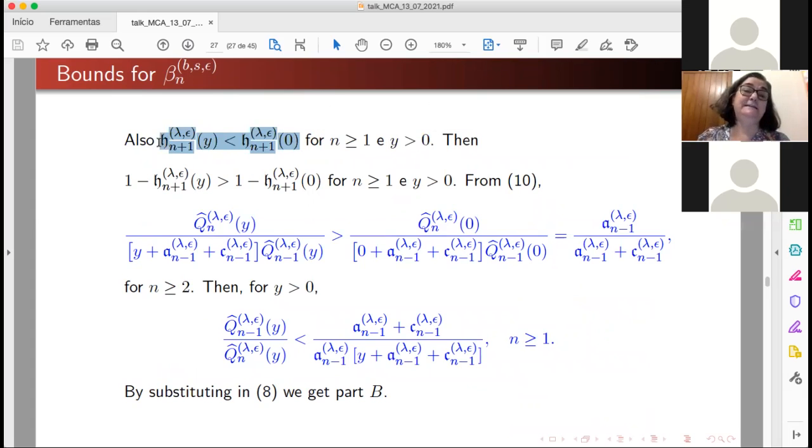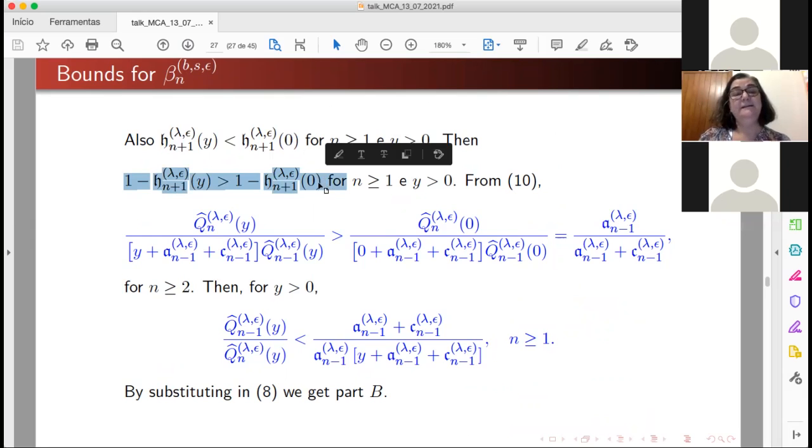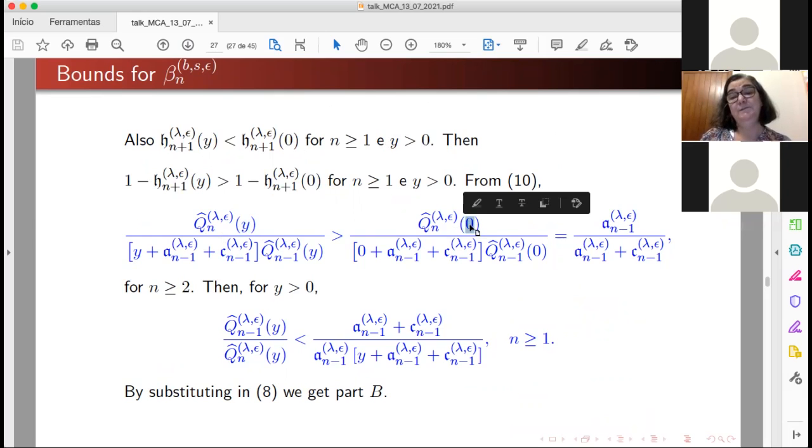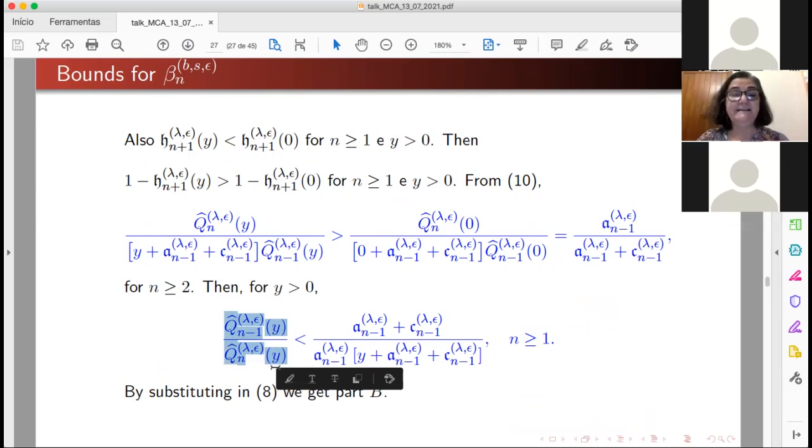So this inequality produces this inequality. So now we can talk about when we use positive y here or 0 here. And when we put 0 here, we are left with just the coefficients. So we have a bound for this ratio, and this ratio is exactly the one defining beta.